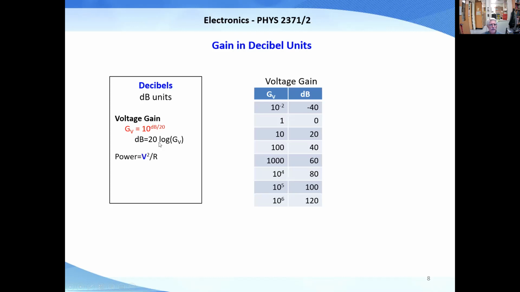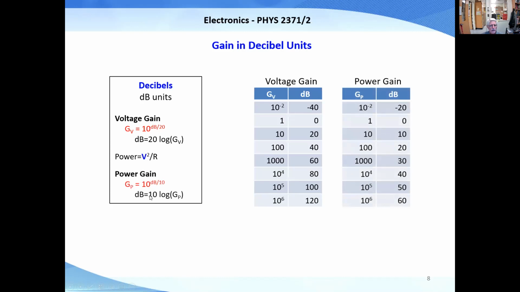Okay, but these are just voltages. We know that power is equal to voltage squared over resistance, if resistance is a constant, of course. So the power gain is just a factor of 2, an exponent of 2, different than voltage gain. So it's 10 times the log of the power gain rather than 20.